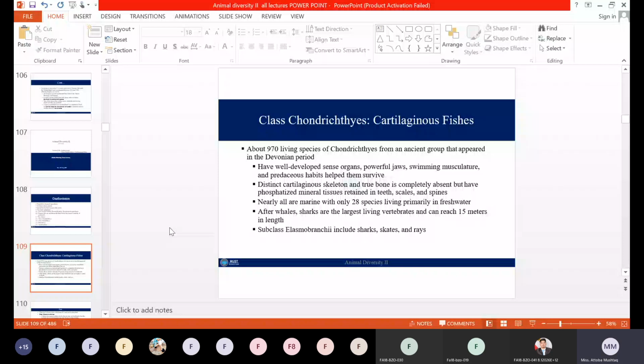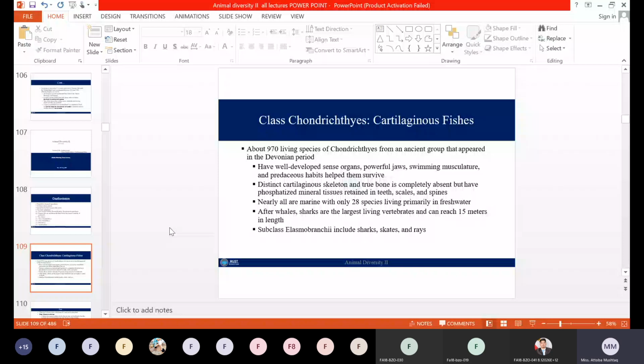They include sharks, skates, rays, and ratfish. These are included in class Chondrichthyes. They have about 970 living species, and this class basically appeared during the Devonian period, as we discussed in our previous lecture about the appearance of different classes of fishes, right?